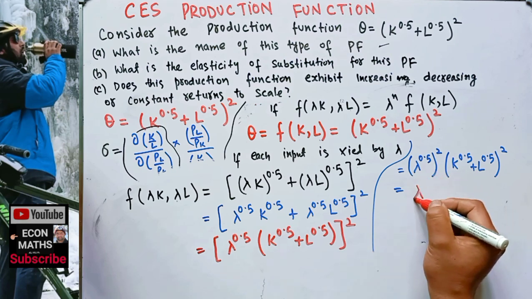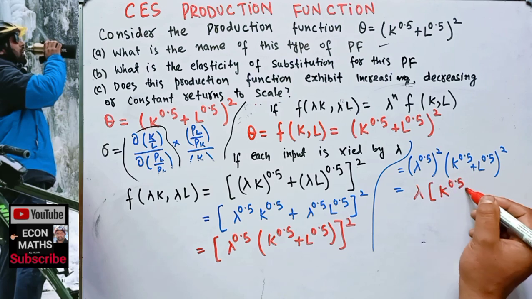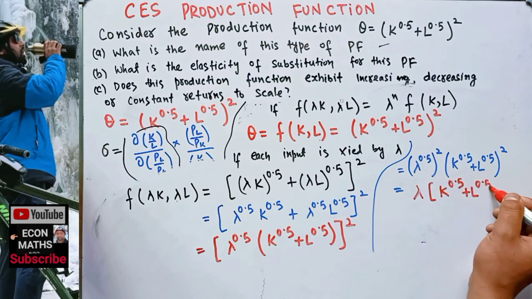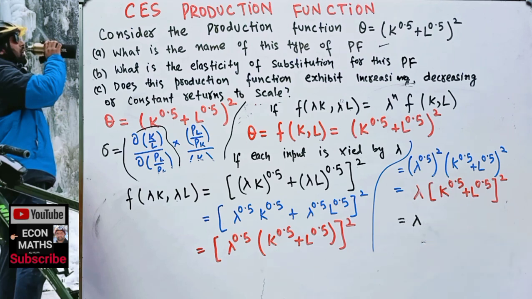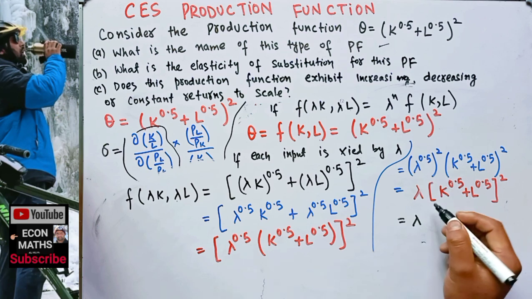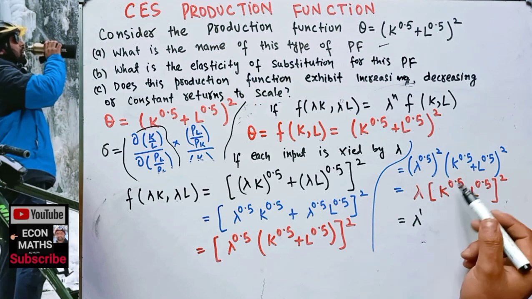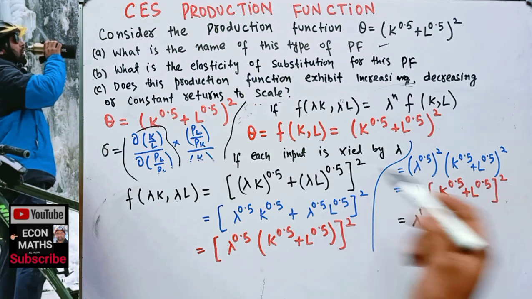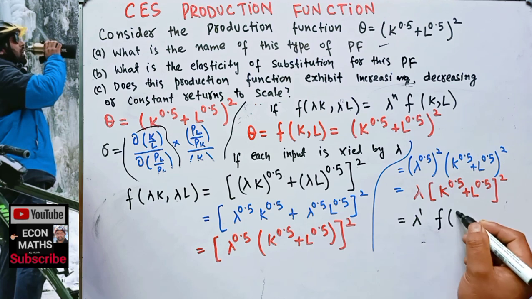So we get here lambda times k to the power 0.5 plus l to the power 0.5, squared, which is lambda raised to the power 1 times k to the power 0.5 plus l to the power 0.5, squared. So this is our initial production function, that is f of k l.